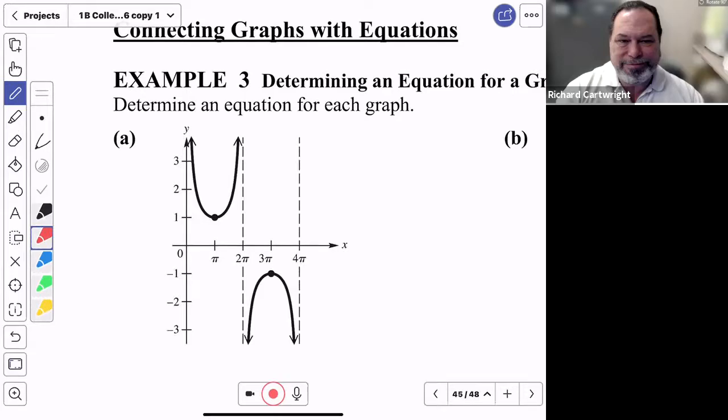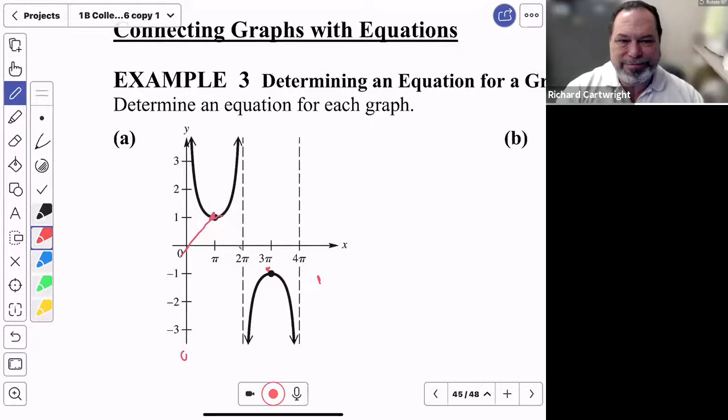This looks to me like if I connect this dot with this dot, I don't have enough picture. So it's kind of hard to see what it could have been. Do you think it's a secant or a cosecant? Here's 0. It looks like it could have come up to here.